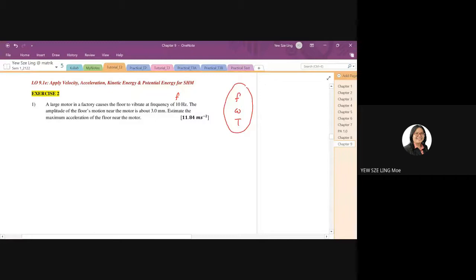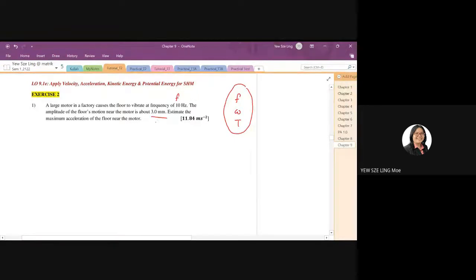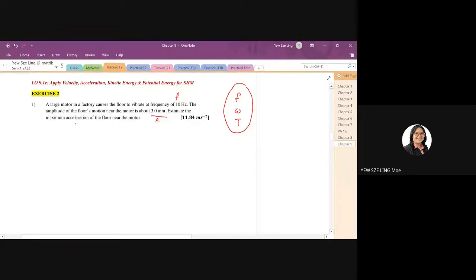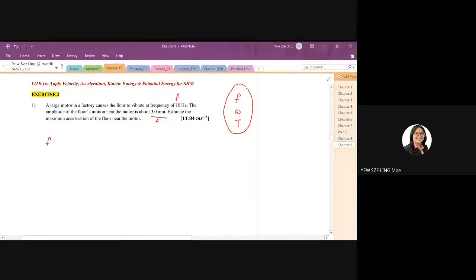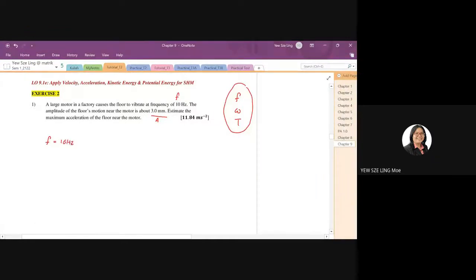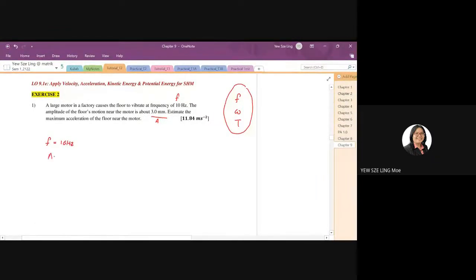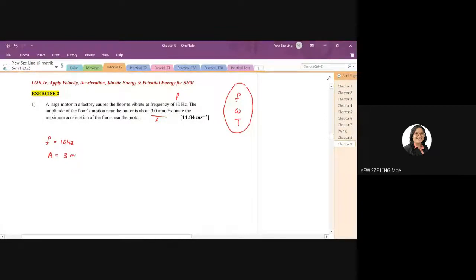The amplitude of the floor's motion near the motor is about 3 mm. So you are given amplitude. Estimate the maximum acceleration of the floor near the motor. So you have f, which is 10 hertz, and then you have A, which is 3 mm.